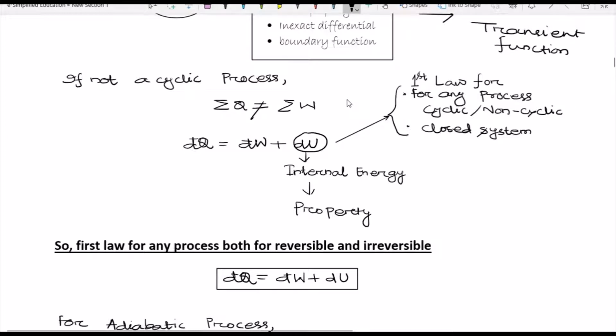This dU we defined as internal energy, which is a property. So from the first law we defined a property named internal energy, and this statement, dQ equal to dW plus dU, is valid for both cyclic and non-cyclic processes, but for closed systems only.